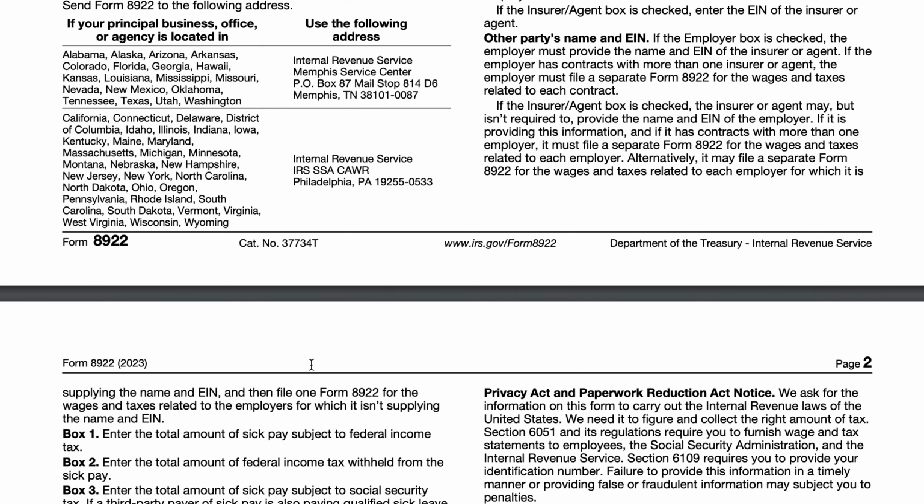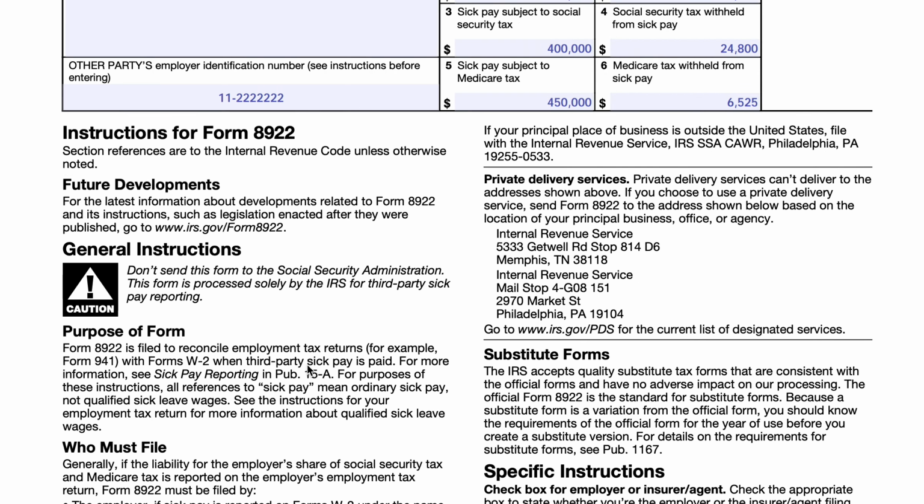So if the insurer or the agent is filing this, they can do one of a couple things.